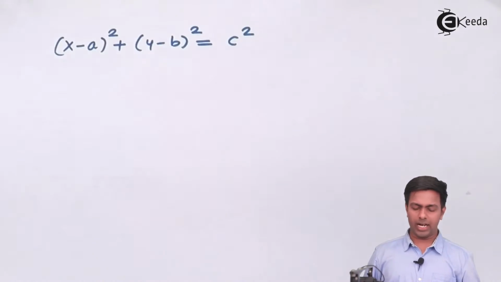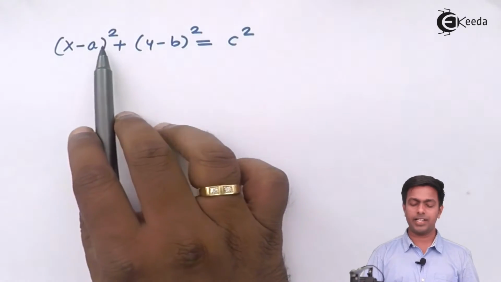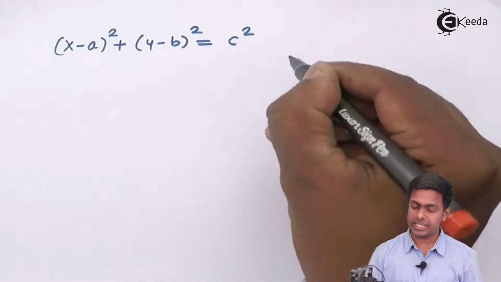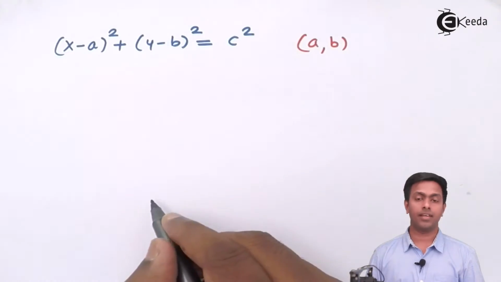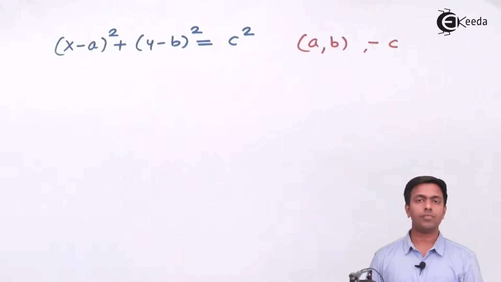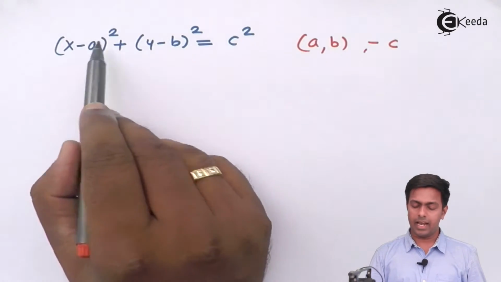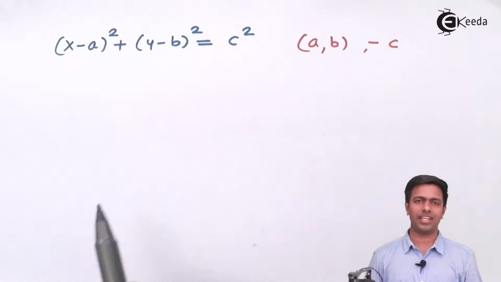You all know that in Cartesian form the equation of a circle is (x minus a) the whole square plus (y minus b) the whole square equal to c square. Here we say generally the center is at (a, b) and the radius is equal to c. So it means this a and b denote the center and this right hand side denotes the radius.